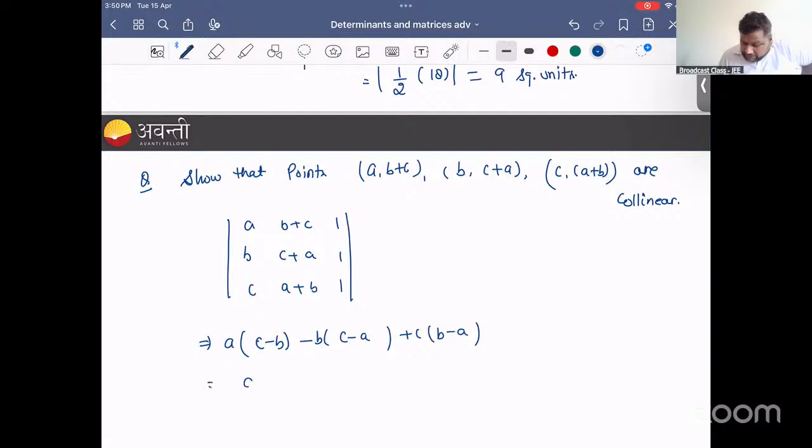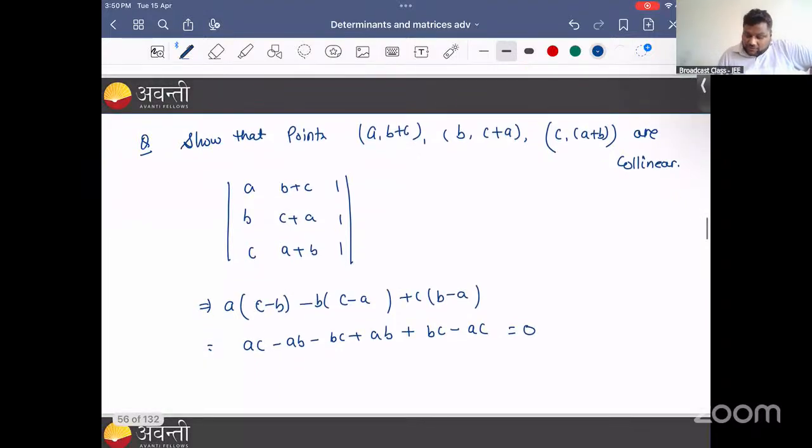Now if I do it, AC minus AB minus BC plus AB plus BC minus AC. So everything cancels, this value goes 0. So if this value goes 0, that means points are collinear. Am I correct? Is it okay, everybody?